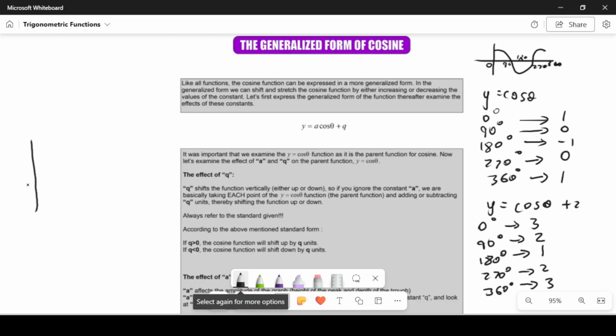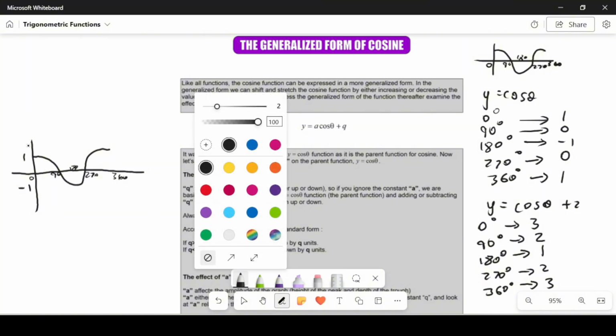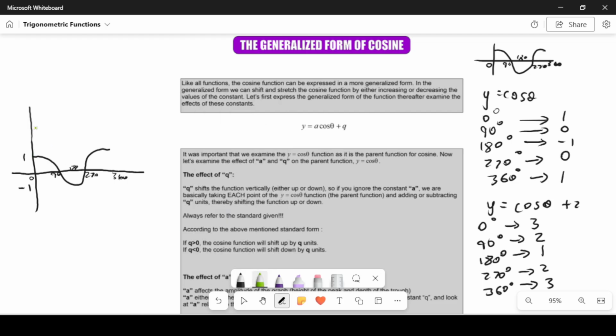Now if we sketch this function, we get the following. This is what the parent function looks like. It starts at 1, ends at -1. This is 0, 90, 180, 270, 360. But what's going to happen now is at 0 it'll become 3. So if I extend this line up here, 3 is approximately here.